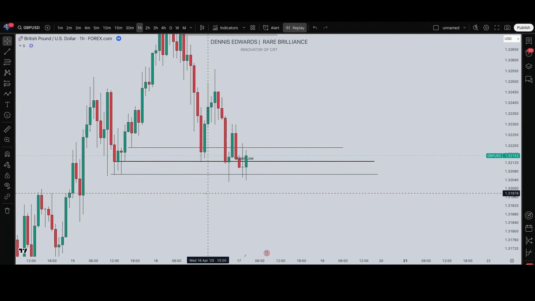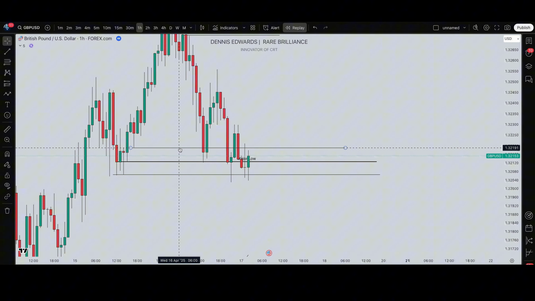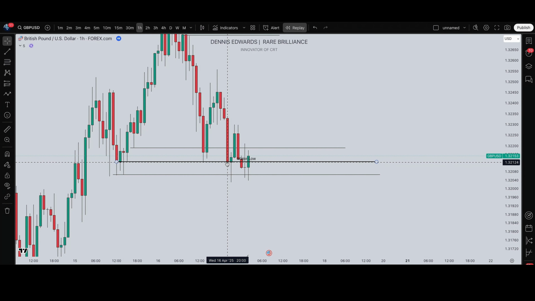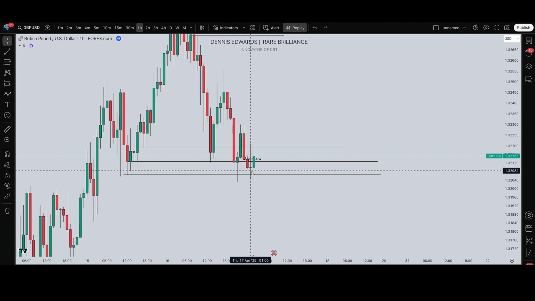Now let's continue thinking in terms of liquidity, right? This long body candle, although it broke through this area, did not break through this full area of liquidity. It just tapped it. This is a minor detail, but it tells the story. So from this point, before a full reversal, we're looking for a candle to break through lower in this area, which is exactly what happened here, followed by the manipulation candle.